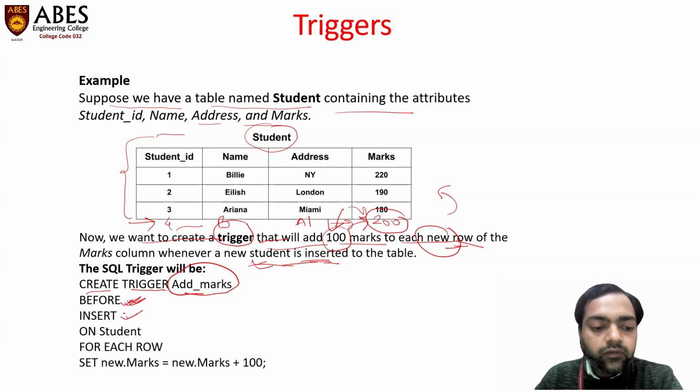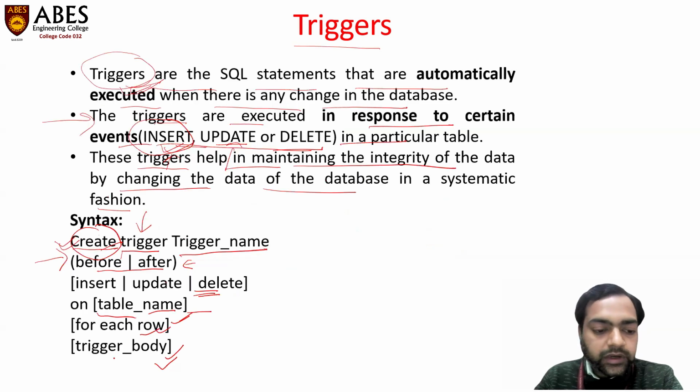Now after that, what do we have to do? Insert, delete, or update. Here we need the insert statement, so insert will be used. After that, on which table? On the student table. Now for each row, yes, for each new row we need to perform this trigger. As we have already seen in the previous example, at the end we need to provide the trigger body.